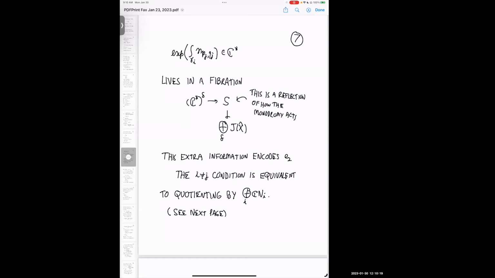And it's this extra information that encodes E2. So of course, these integrals are very classical. Now, of course, if you take I equal to j, you have trouble unless you add some extra information near pi and pj about how you're going to take this limit. And you can do that.